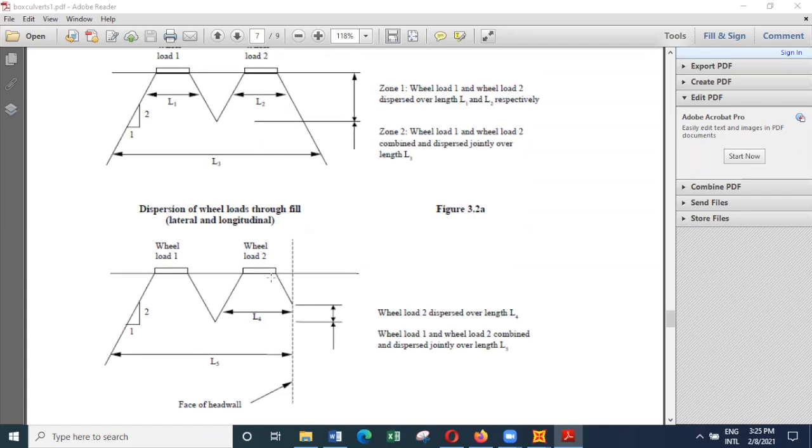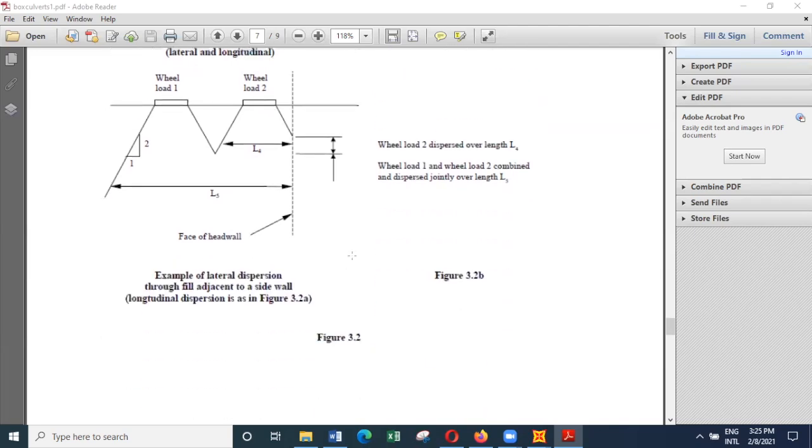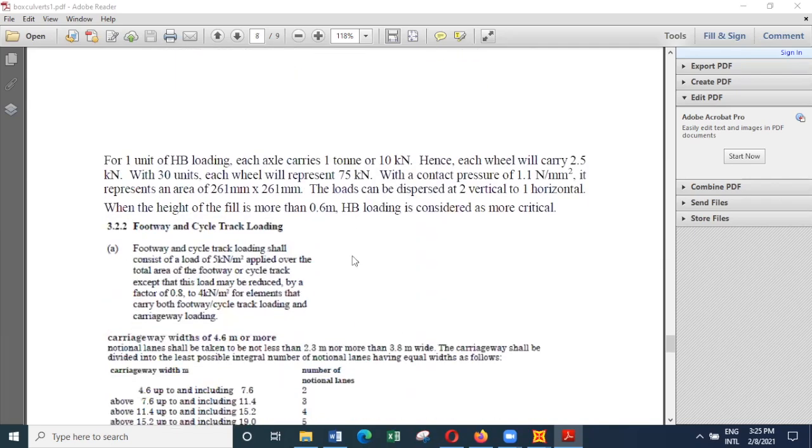The stress is limited to 1.1 newtons per millimeter squared. So that gives a contact area of 261 millimeter by 261 millimeter for a load of 75 kilonewtons, because we have to keep the stress at a maximum value of 1.1 newtons per millimeter squared.